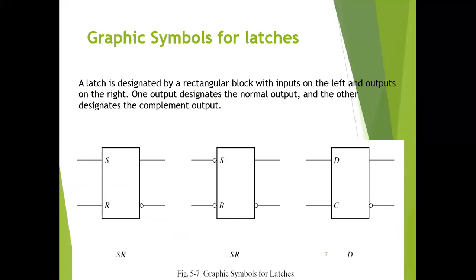The graphic symbol for the SR latch has inputs S and R indicated inside the block. In the case of a NAND gate latch, bubbles are added to the inputs of the SR latch, as we can see in this S prime R prime latch. These bubbles are inserted because we use NAND gates. The symbol for the D latch has an input D and a control input or enable input C inside the block.